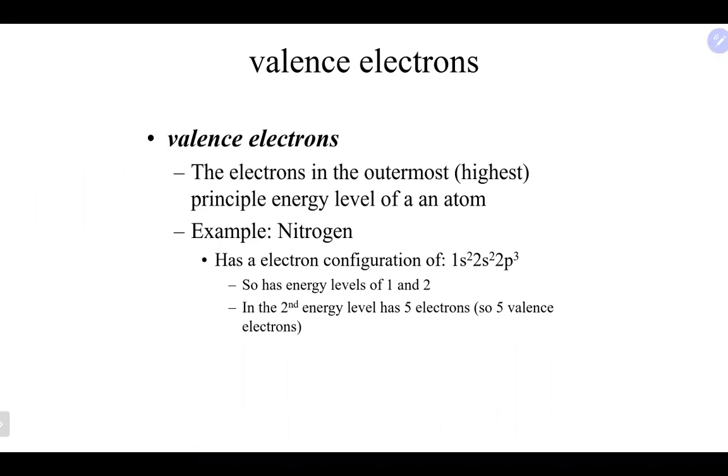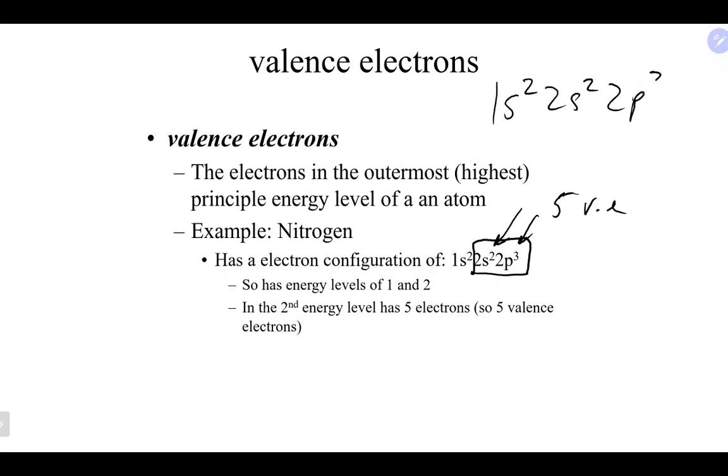So if we look at the configuration of nitrogen, which is 1s2, 2s2, 2p3, on our second energy level we have 2 and 3, which would be 5 valence electrons for nitrogen. The other electrons there are sometimes referred to as core electrons.